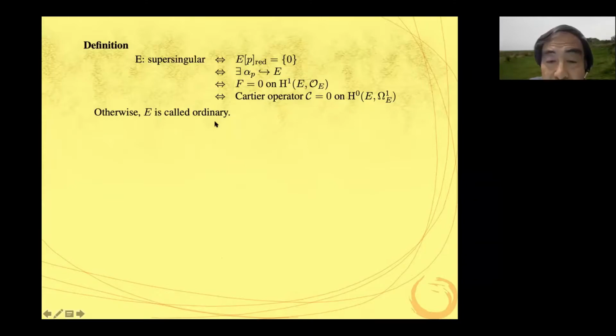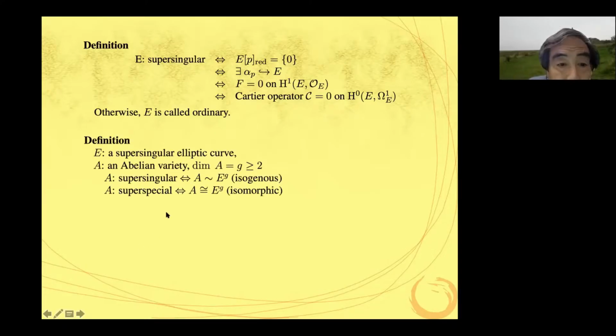And also this condition is equivalent to the Cartier operator on this space being trivial. Otherwise E is called ordinary. Throughout this talk, we use supersingular curves.